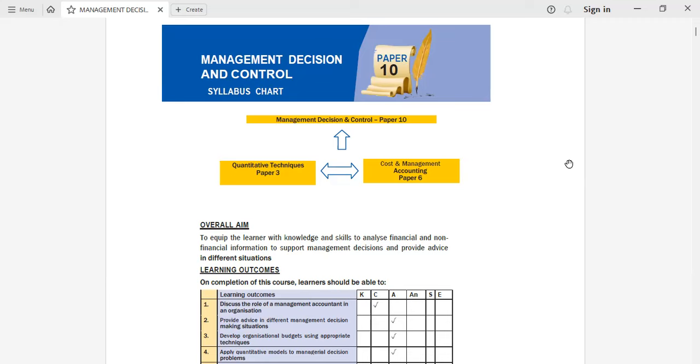But for those who can't access these papers, you can download them on the institute website. You log in with your student account and your password, then you go and download these question papers. For those who can't access this, we have a Telegram channel where you can download some of those past papers.